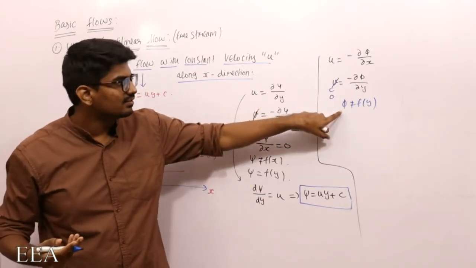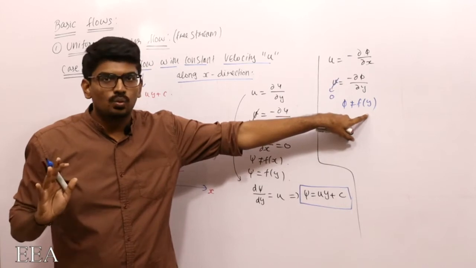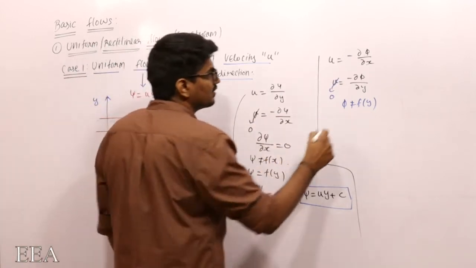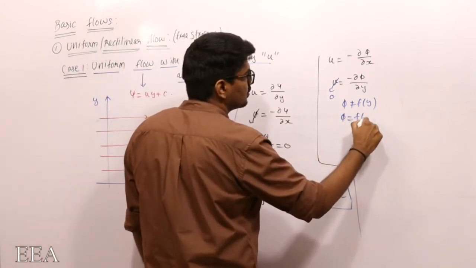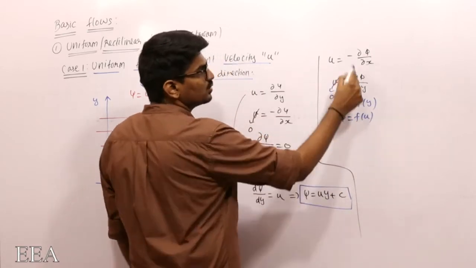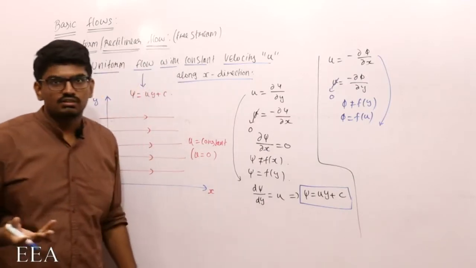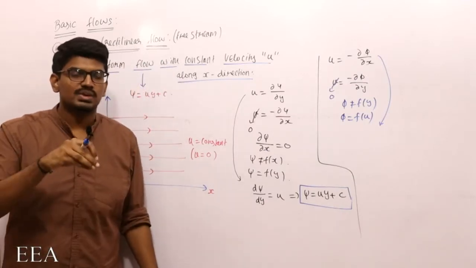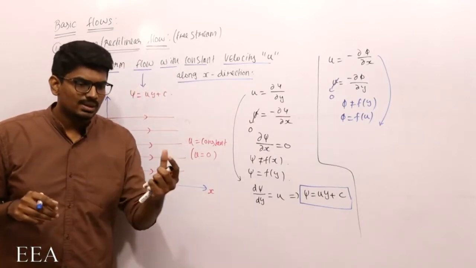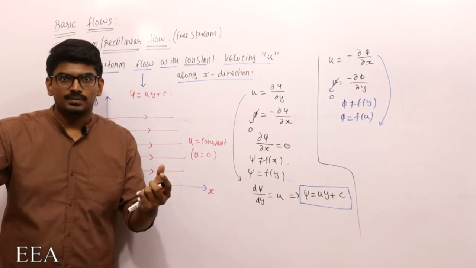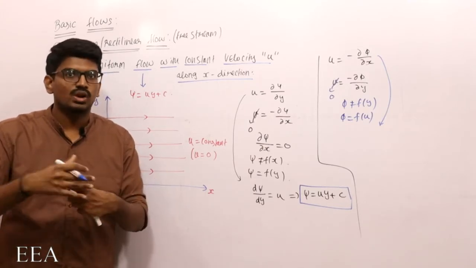So if it's not a function of y, then phi is a function of x alone. So instead of using a partial derivative, I can use a normal derivative. I will use a partial derivative only if something is a function of more than one variable.